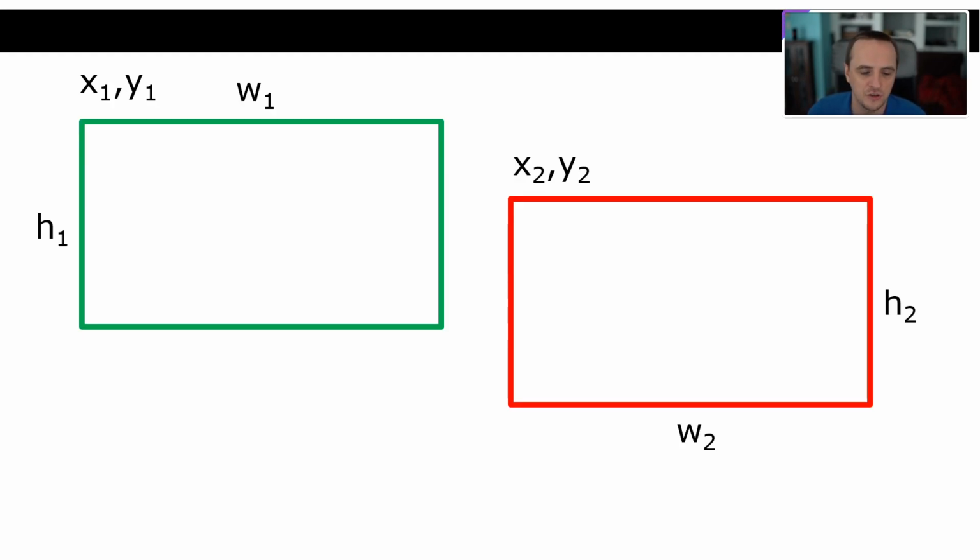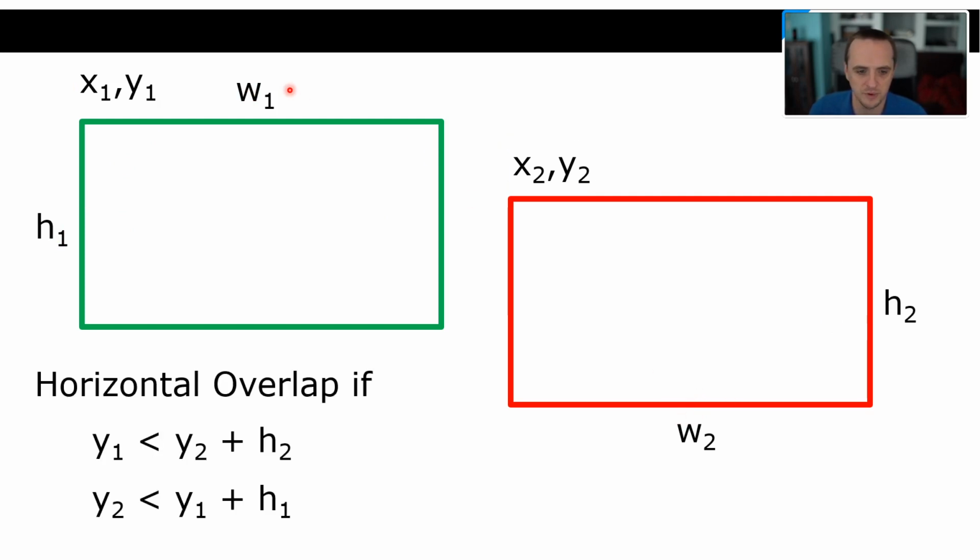If I have two rectangles with their top left corners x1, y1 and x2, y2, and each of them has a width and a height, so I have w1 and h1, w2 and h2, then there's a horizontal overlap if y1, which is the top of this one, is less than y2 plus h2, right? So y2 plus h2, that's here. If this is above this, okay?